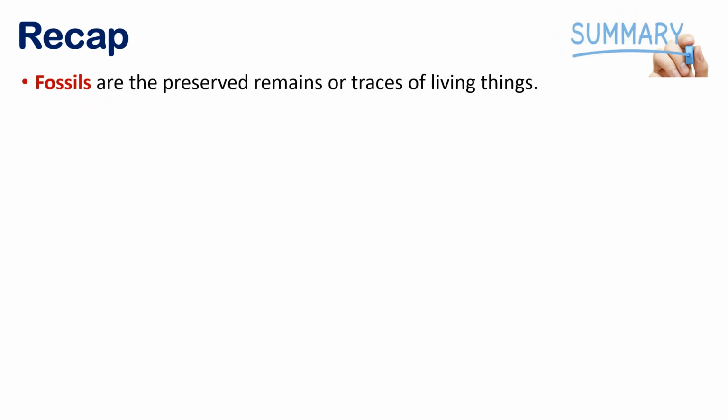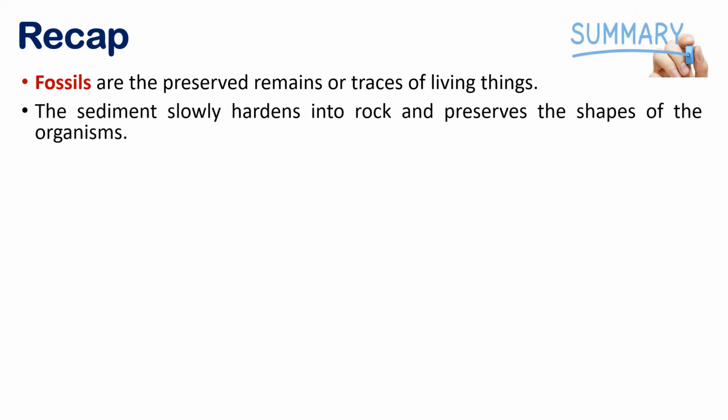We discussed many things in this lesson. This is the time to summarize our lesson. Fossils are the preserved remains or traces of living things. The sediment slowly hardens into rock and preserves the shapes of the organisms.